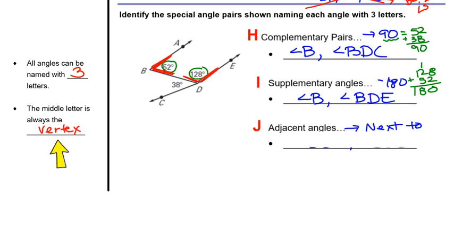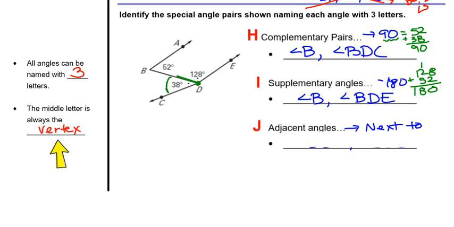Then the last one are just any two angles that are next to each other. And so remember, they have to have a common vertex and a shared side. So here is my vertex and a side. There's nothing next to angle B. But if I look on this one, here's a vertex and a shared side. And notice I have a point on the left and a point on the right of that.